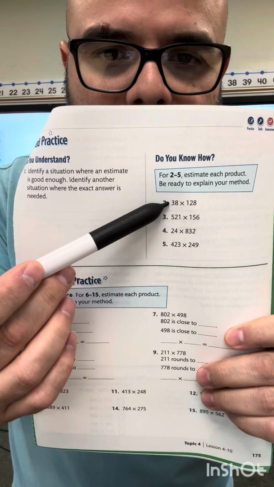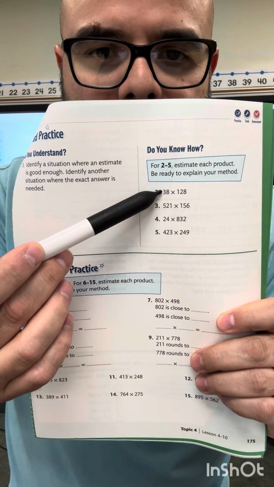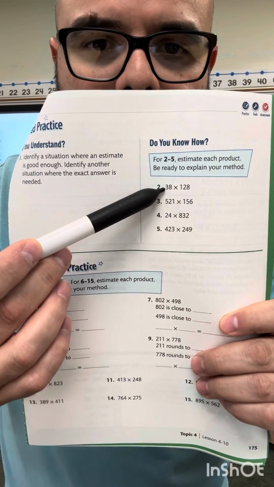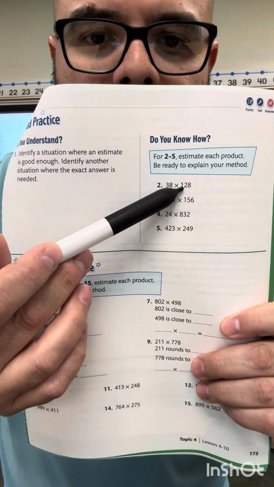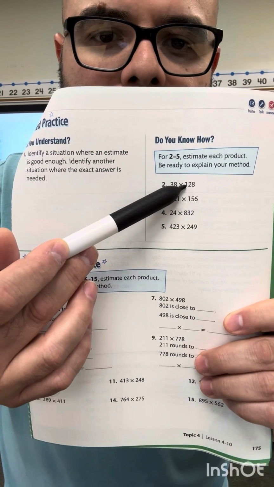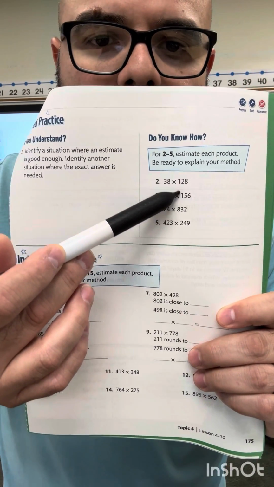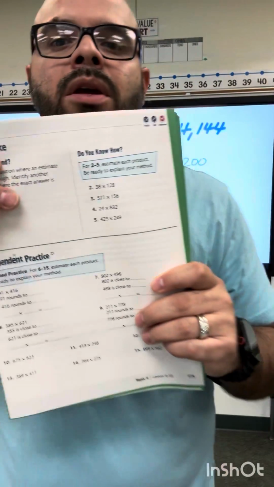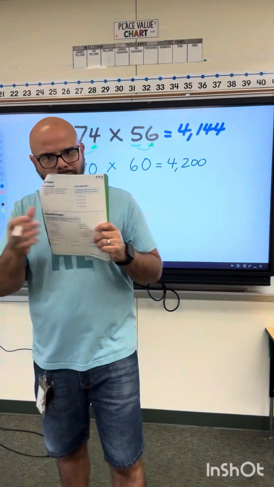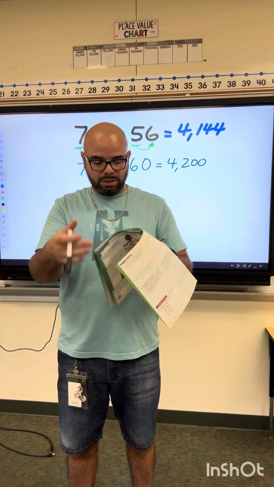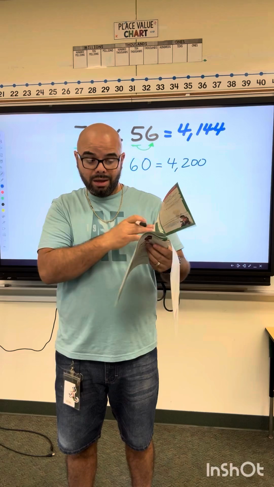And they have to take the 38. And for example, in this one, 38, you could use round or compatible numbers. It would be a 40. Here, if it's 128, you could put 120 or 130, okay, and then multiply those two. All right. So that's what we're going to be going into in the next few weeks.